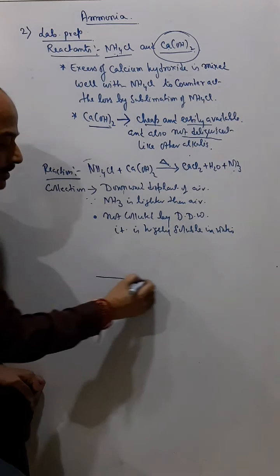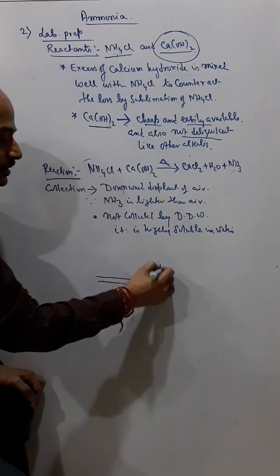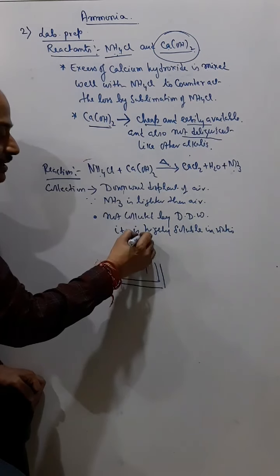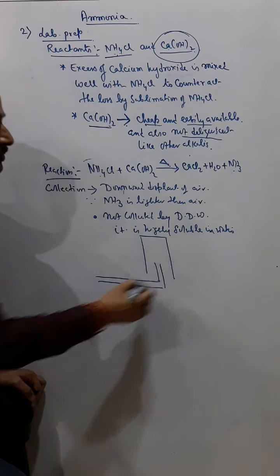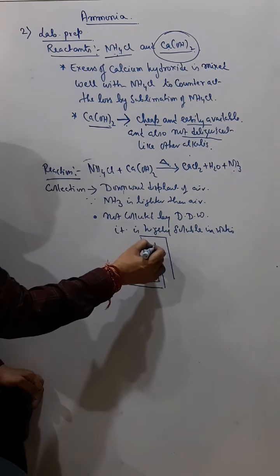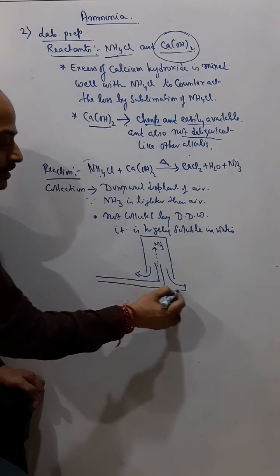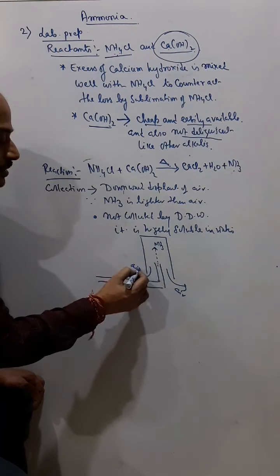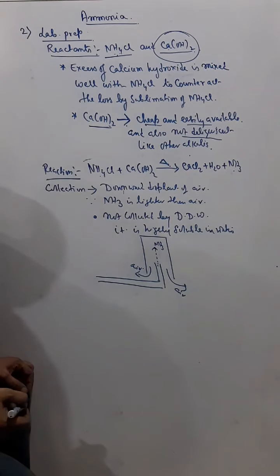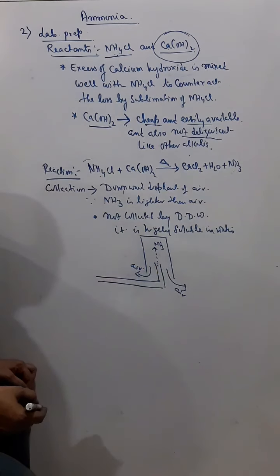We connect the delivery tube of the ammonia gas. Okay, we keep an inverted flask like this, and as this ammonia gas goes in, the air comes out in this way. Understand? And therefore it is called downward displacement of air.